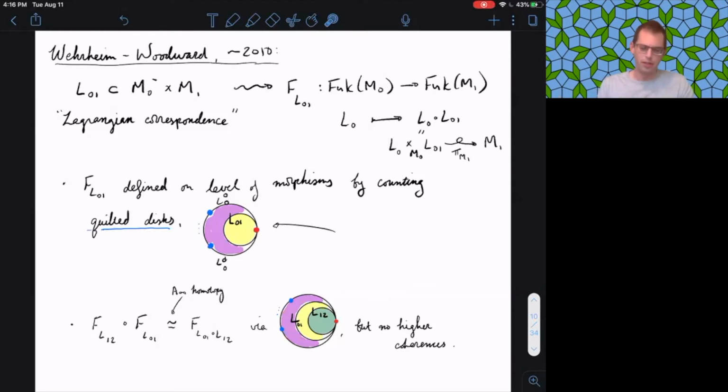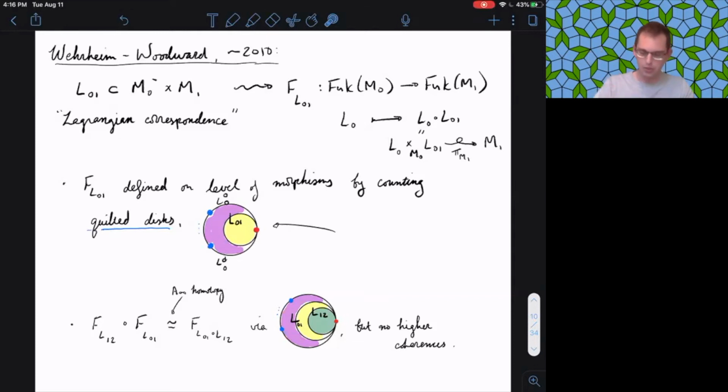And so similarly to how we define the compositions in the Fukaya category, we're going to count some pseudo-holomorphic maps, but somewhat different ones. We're going to count so-called quilted disks. And I won't tell you what that means in terms of the maps, but in terms of the domain, we're taking a disk, we're putting boundary mark points on it, one of them distinguished, and then we're drawing this circle, which is tangent to the boundary at that distinguished mark point.